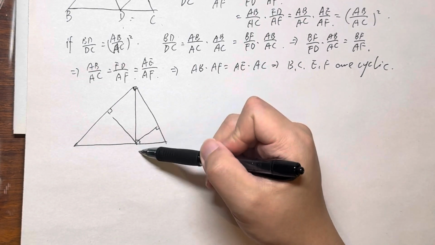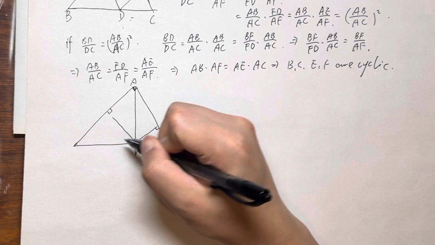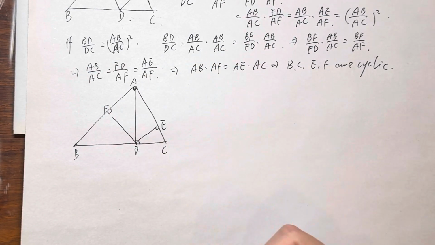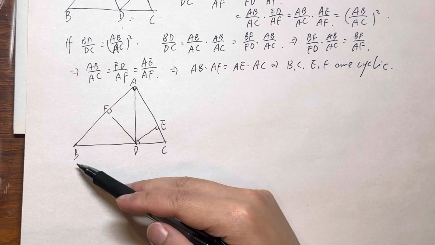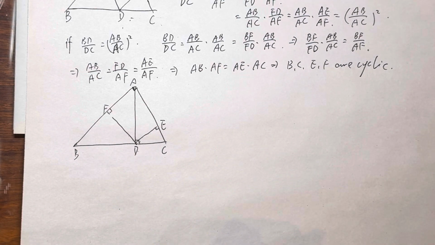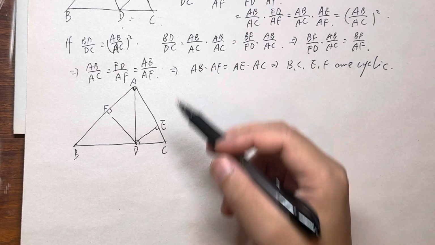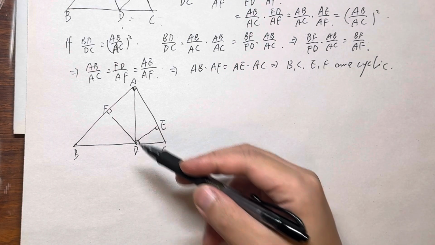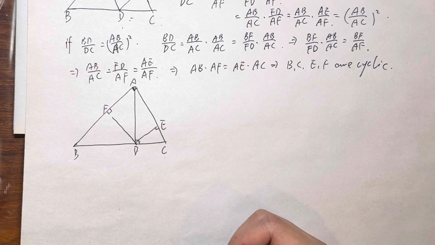So if AD is a conjugate median, then we can say that BCFE are cyclic, right, based on what we just proved. And how can we prove that AD is a conjugate median?